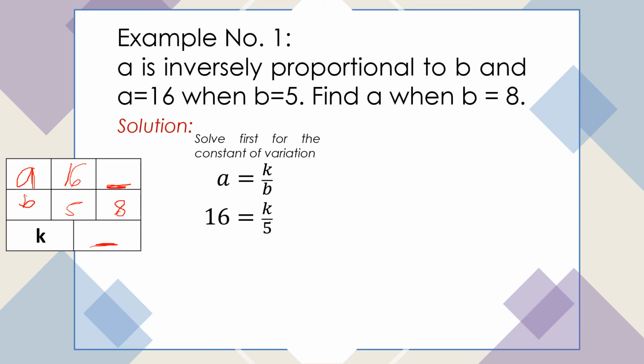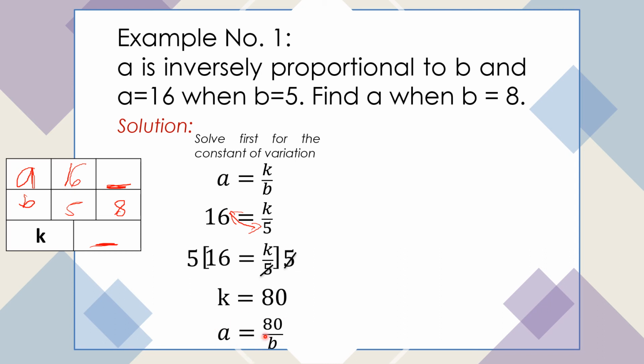Then, using the multiplication property of equality, times natin both sides sa 5 or simply cross-multiply. 5 times 16, that will give us 80. Therefore, ang K natin is 80.